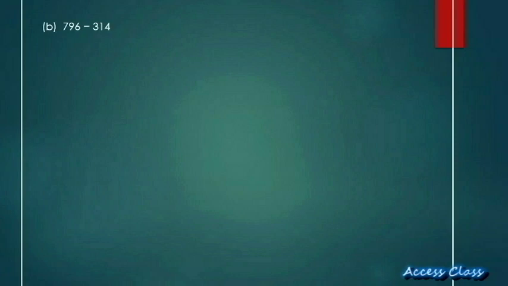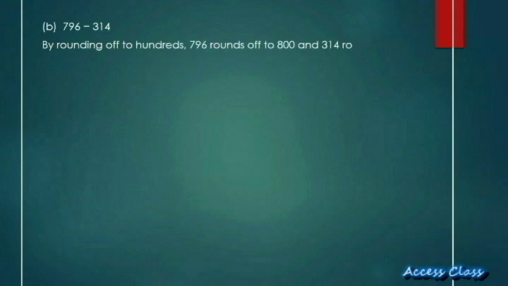If you round off 796 to the nearest 100, you will get 800, and similarly 314 gives 300. I think you know very well how you get 800 and 300. If you don't know, I am explaining once again. The number 796 comes nearer to 800, and 314 comes nearer to 300.